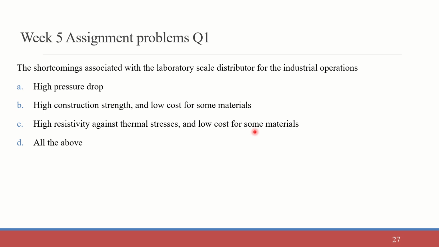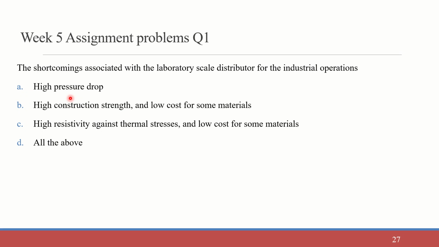So what are they? The first one is high pressure drop. This is true because when we use things from laboratory scale at such high scales, it will create high pressure drops, and because of that it will increase the pumping cost and the overall cost. So option A is true. Option B, high construction strength and low cost for some materials, would be an advantage, not a shortcoming, so this is false.